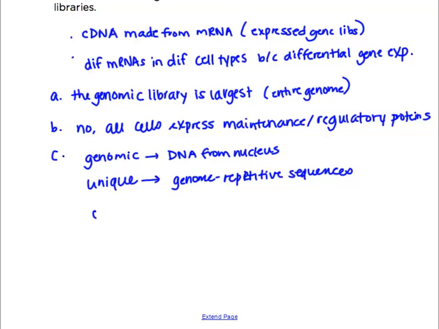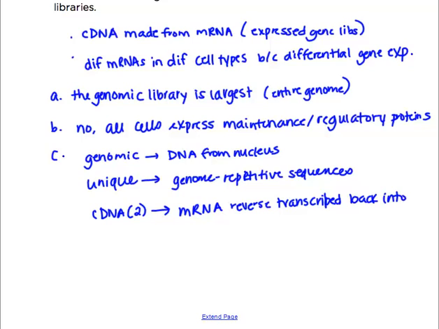Okay, and then the 2 cDNA libraries are made from mRNA from the cytoplasm of the cell that is reverse transcribed back into DNA. You can get these mRNAs from the cytoplasm using a poly-U probe.